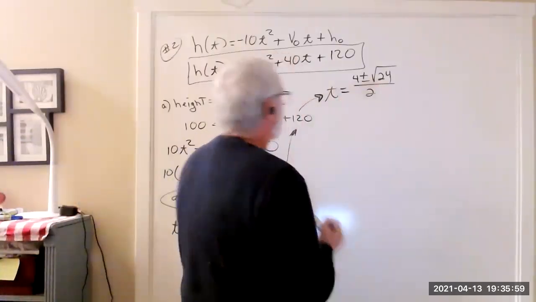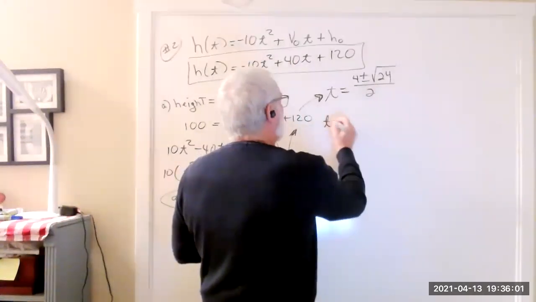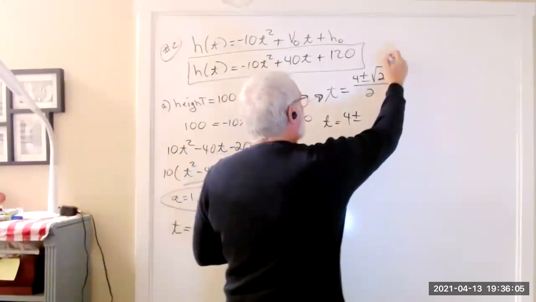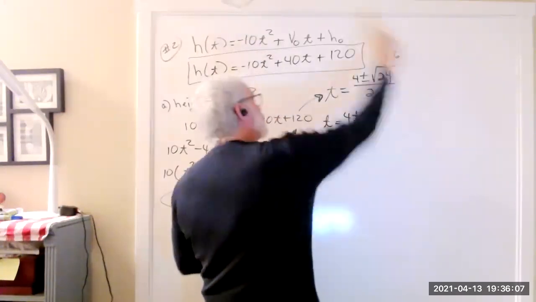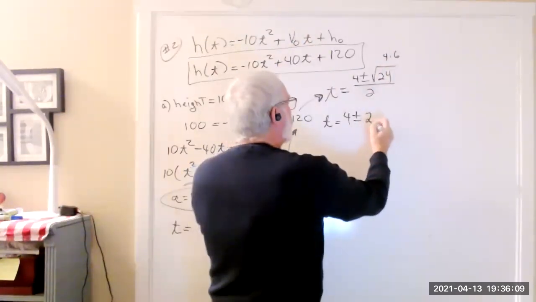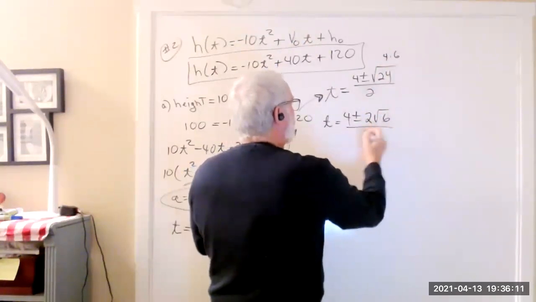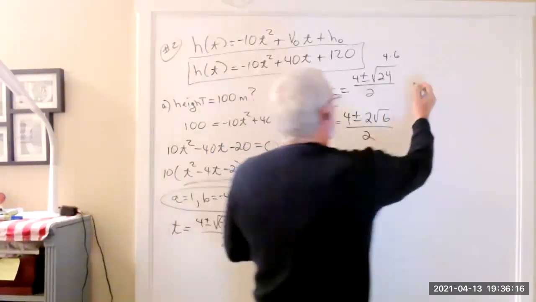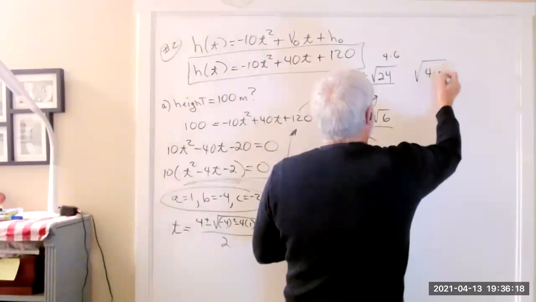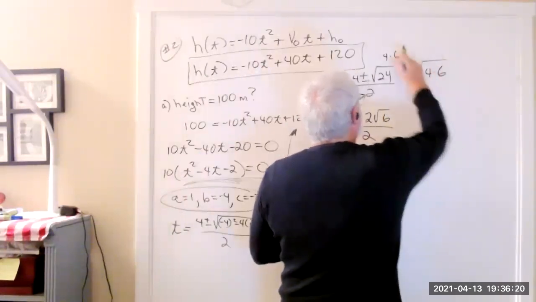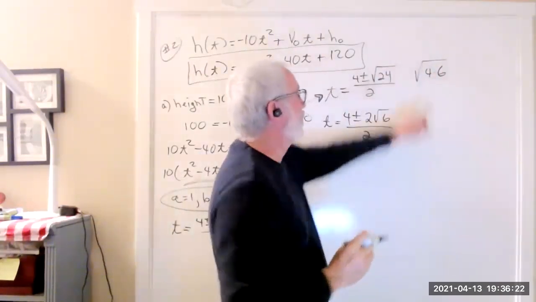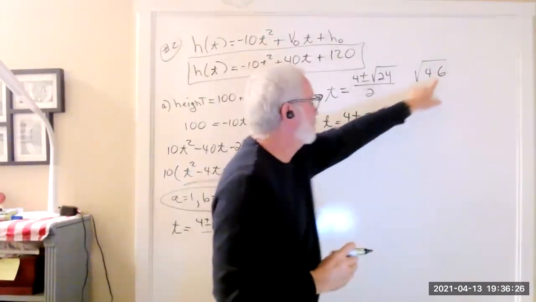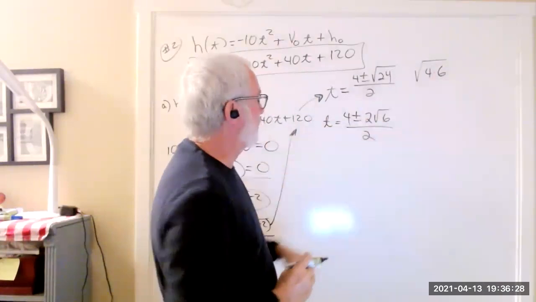So simplify the square root of 24. We get t equals 4 plus or minus the square root of 24, which is 4 times 6. So I can take out the 4. So that's 2 radical 6 over 2. For those of you not sure what I just did, 24 is 4 times 6, so the square root of 4 comes out as a 2, and the 6 stays inside.